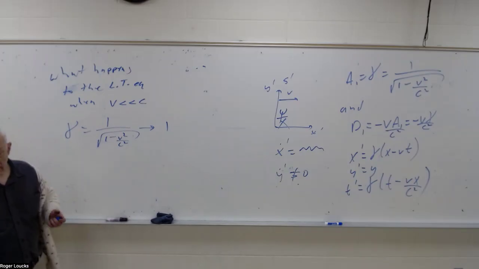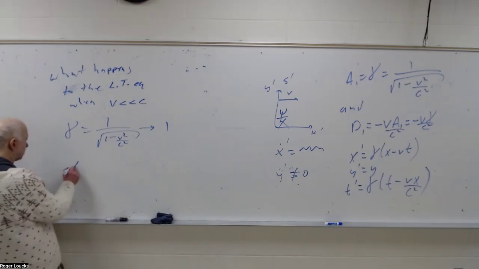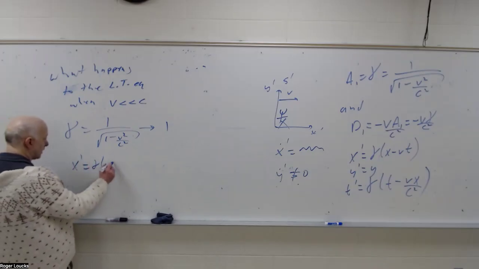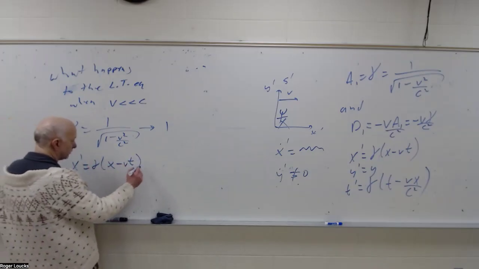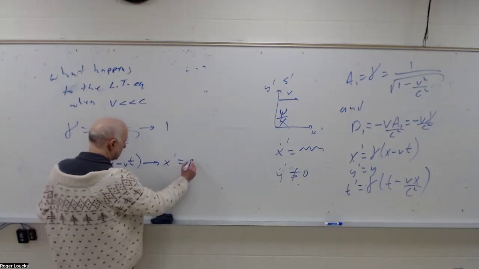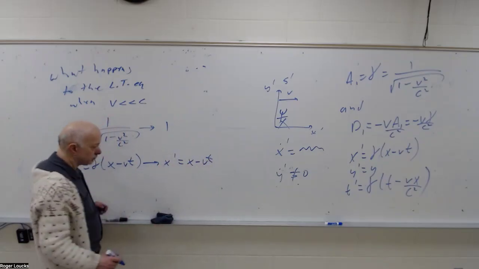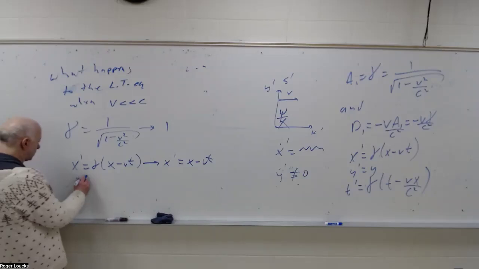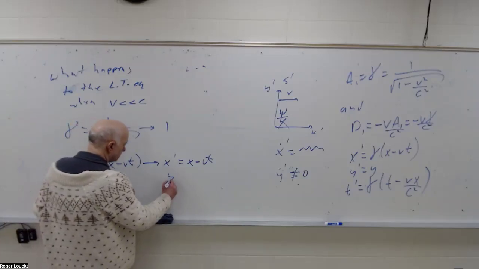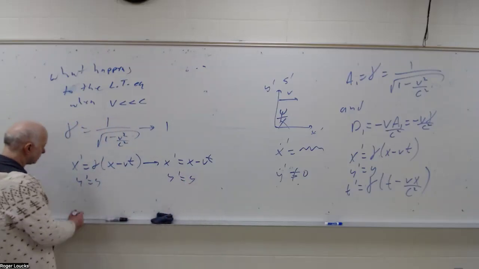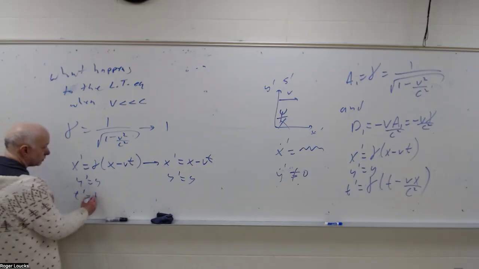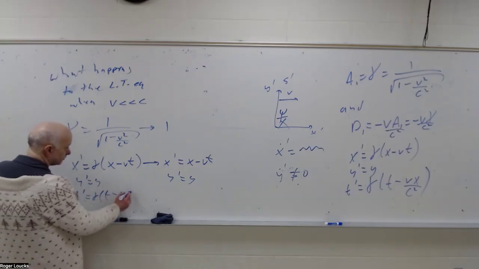So in non-relativistic physics, what happens here? We get x prime equals gamma times (x minus vt), which is really going to go to x prime equals x minus vt. Y prime equals y stays the same. Now what does your t prime go to?